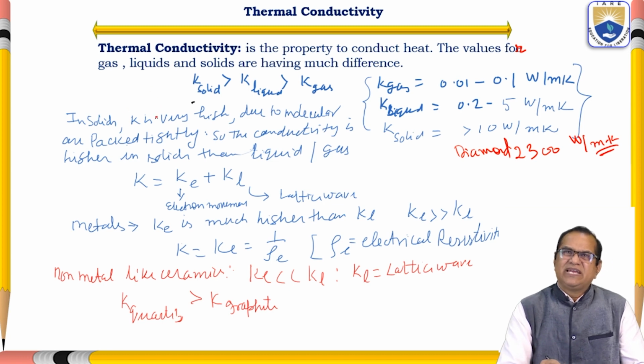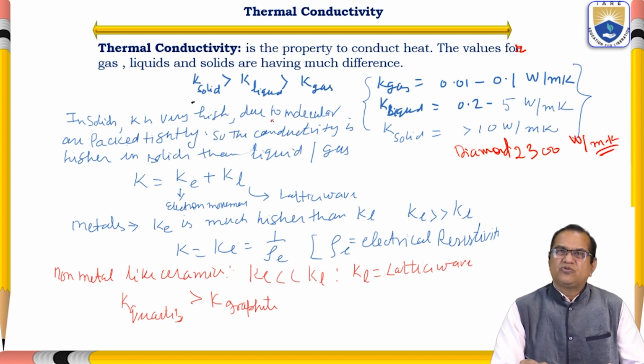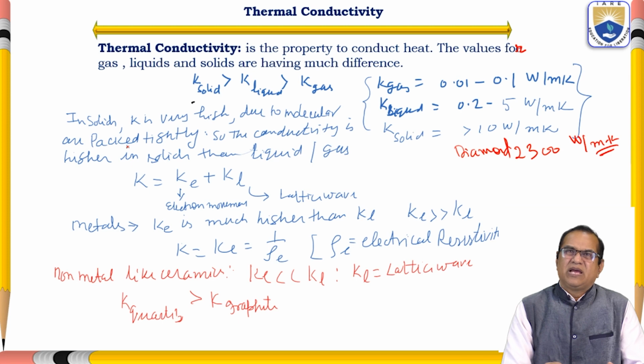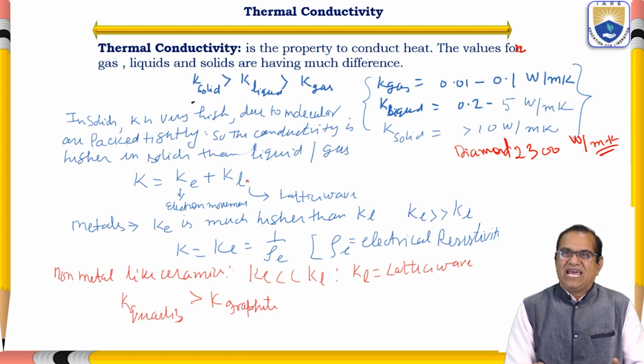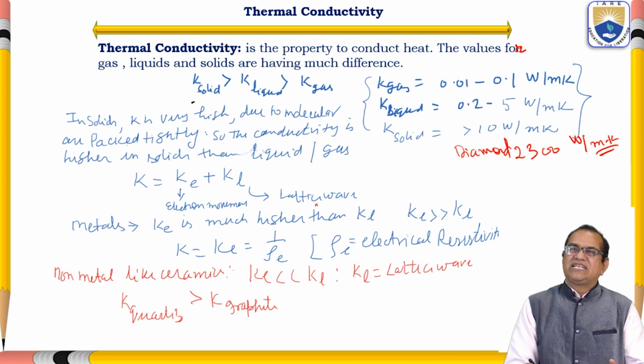So in solids, K is very high because the molecules are packed tightly. So the conductivity is higher in solids than in liquids and gases. This conductivity K is equal to Ke plus Kl, where e stands for the electron movement and l indicates the lattice wave.